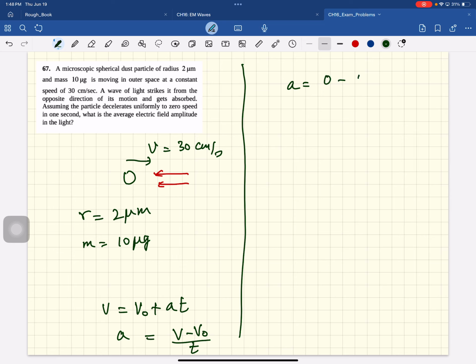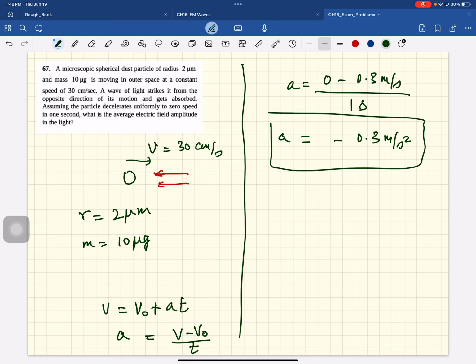Initial velocity is 0.3 meters per second. And you're stopping it in 1 second. So the acceleration you want is negative 0.3 meters per second squared, but the negative sign is just telling you that the acceleration is in that direction.